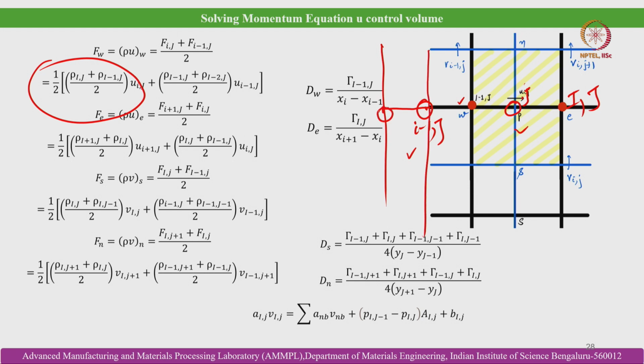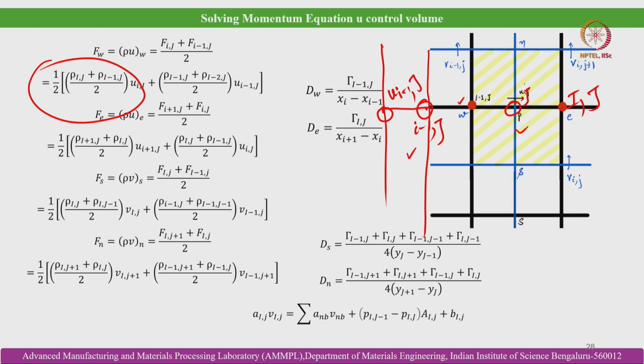This is the point, then there it is basically u I small I minus 1 comma capital J. So when we are evaluating for F small I minus 1 j, we have to write rho capital I minus 1 j, which is at the west face capital I minus 1 j.